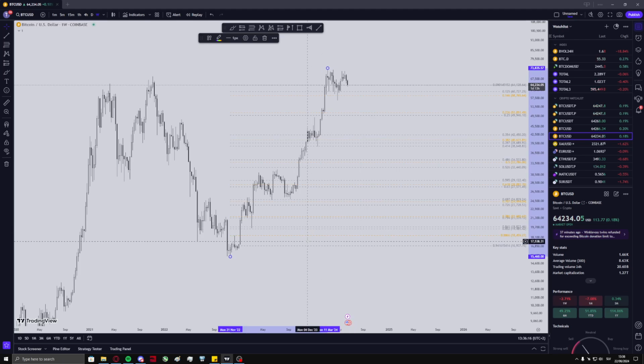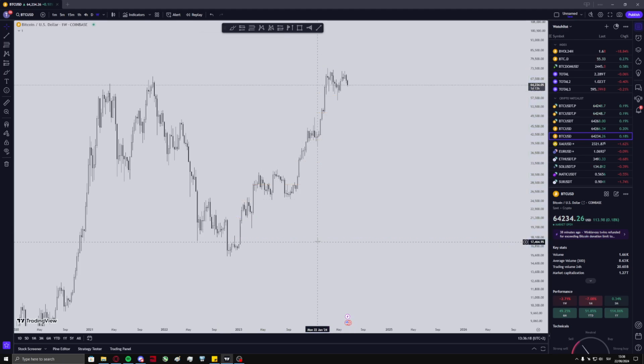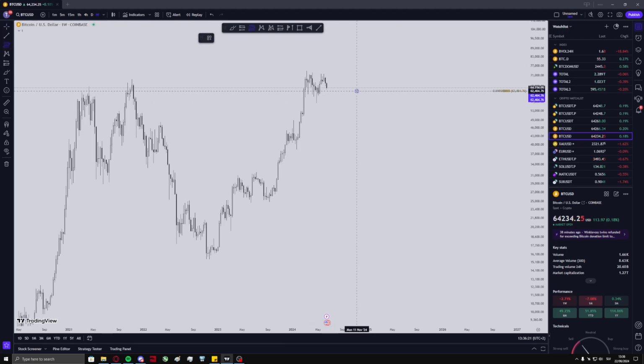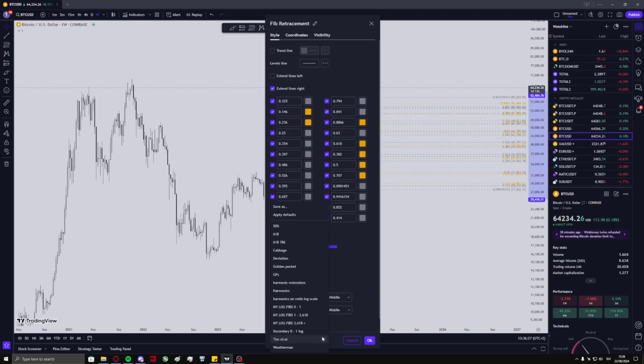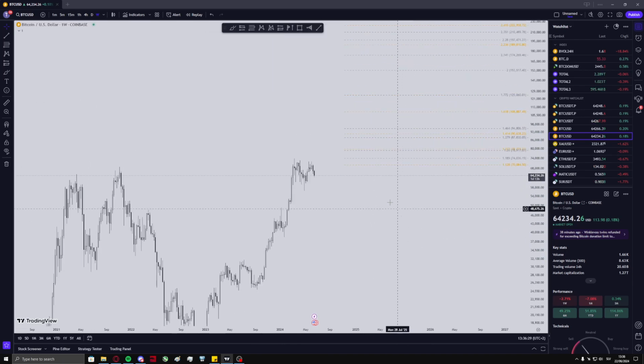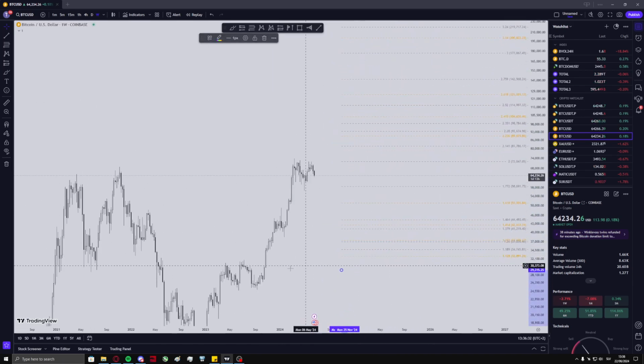So this is the most basic application of a fib, and these are used for retracements, right? Now, another one you can use is extensions, right?